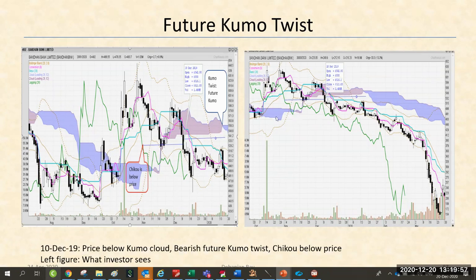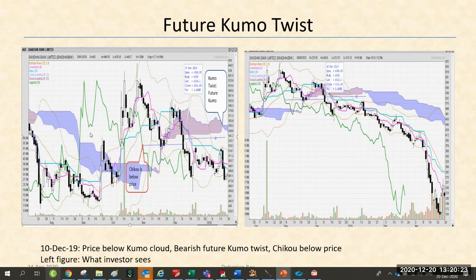And then on the right side, the same signal is extended, and you will see that the price is heavily falling down. On this particular date, the price has also gone below the Kumo cloud. Kumo cloud is a very strong signal, and it was a thick Kumo.